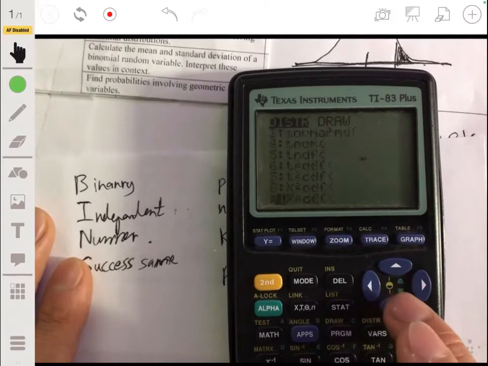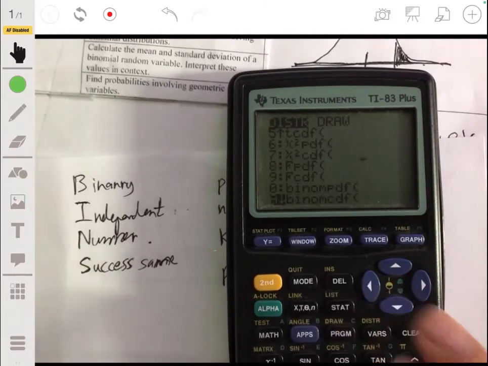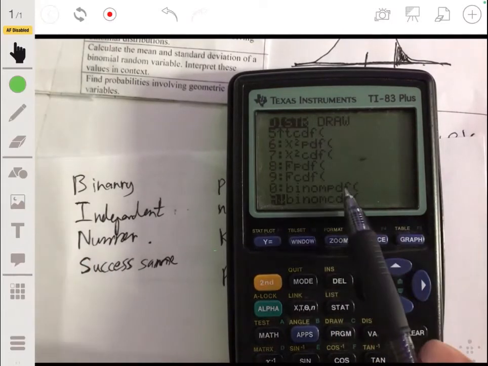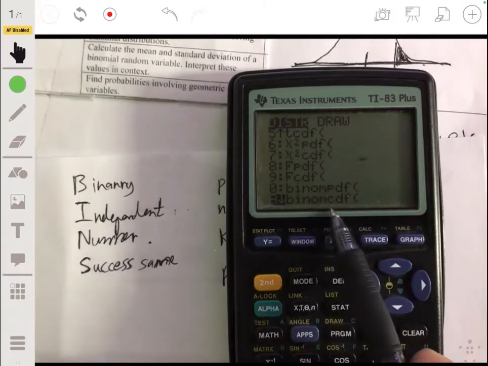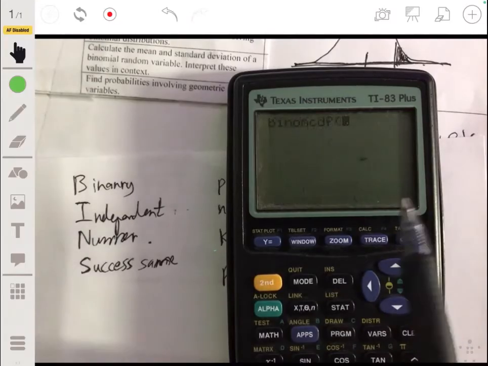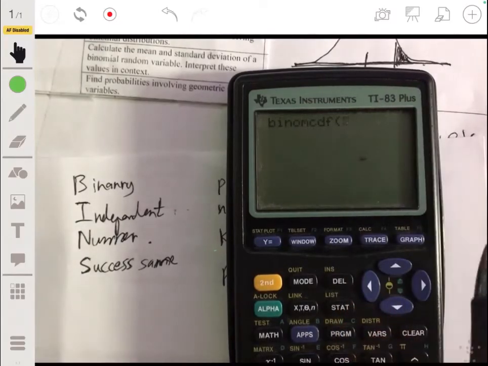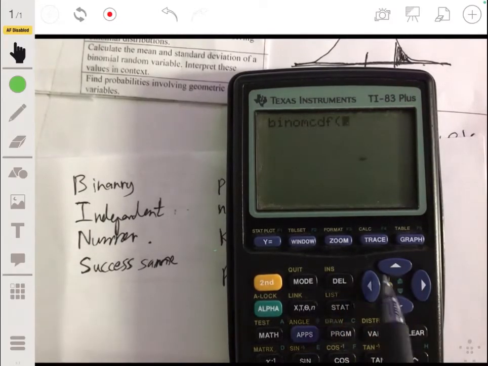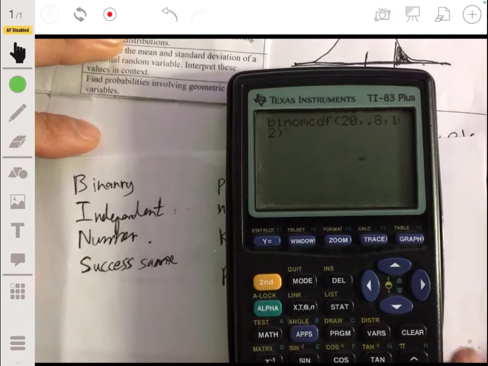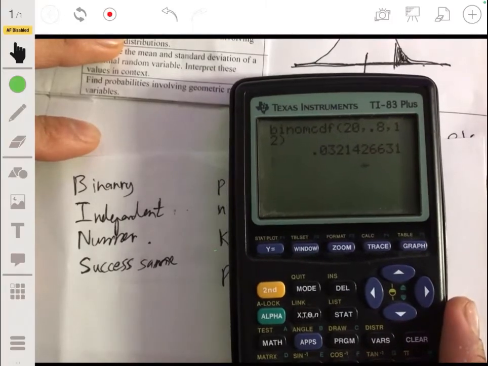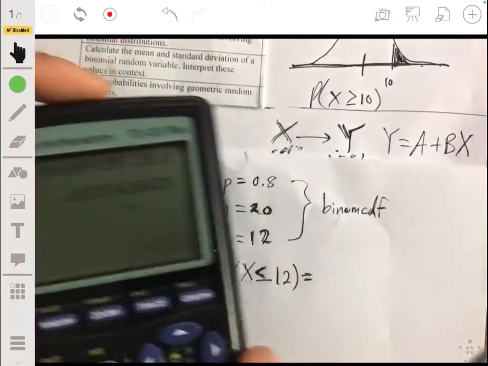Scroll down and you'll see binomial CDF. PDF is if we have something like making exactly 12 free throws. Binomial CDF is the probability that they're going to make less than or equal to something. And the notation is going to go NPK. So N is 20, comma, P is 0.8, and K is 12. So NPK, remember that. And we press enter, and it gives us a probability of only about 3%.